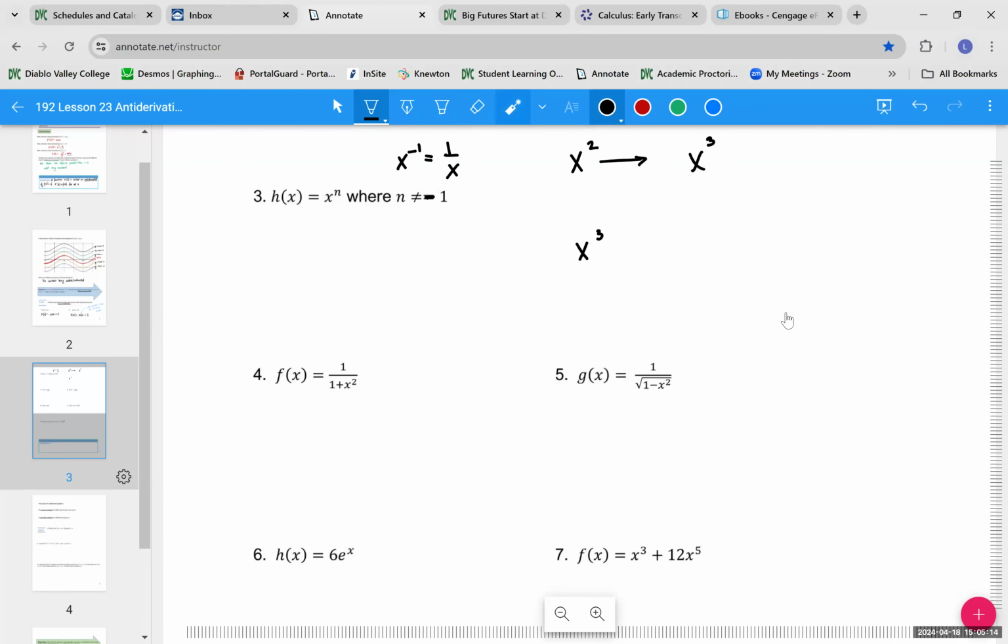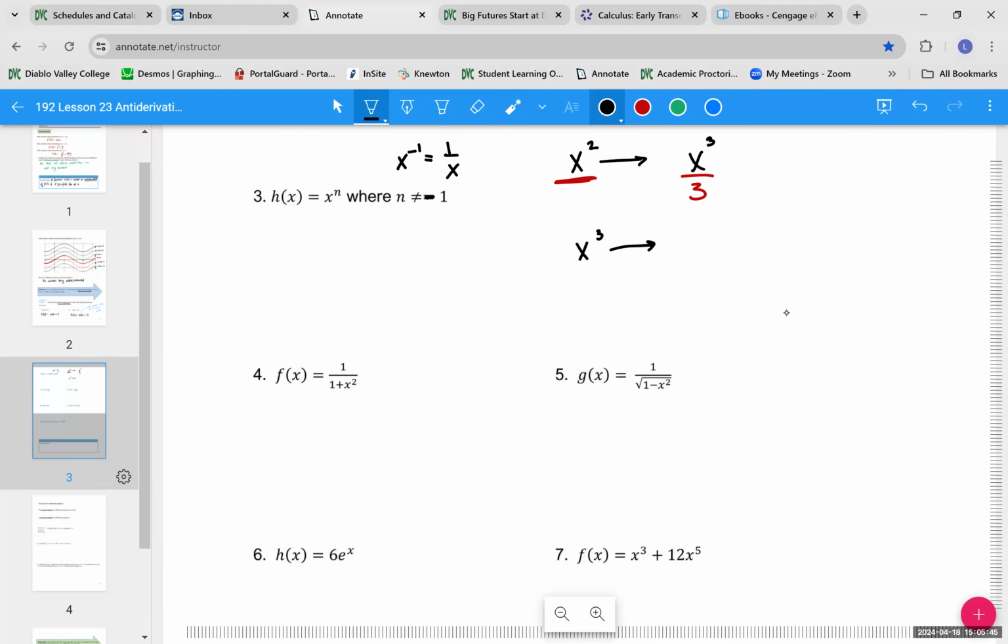Then what happens, as we said when we did the 5th, is that if I take a derivative of x cubed, that 3 would pop out front. And since there's no 3 here, in order to compensate for that, I'm going to put the 3 down there. So that now when I take the derivative of this function, it'd be 3x squared on top, and it would be multiplied by 1/3, and the 3's would cancel.